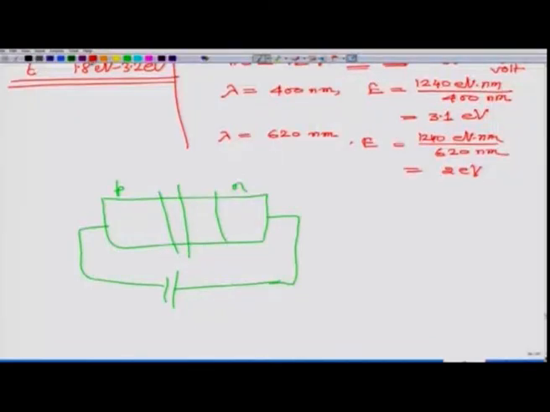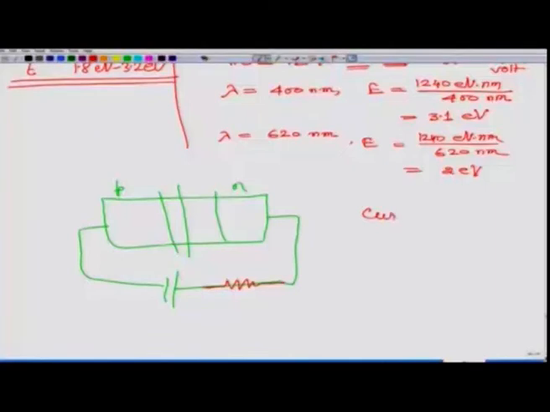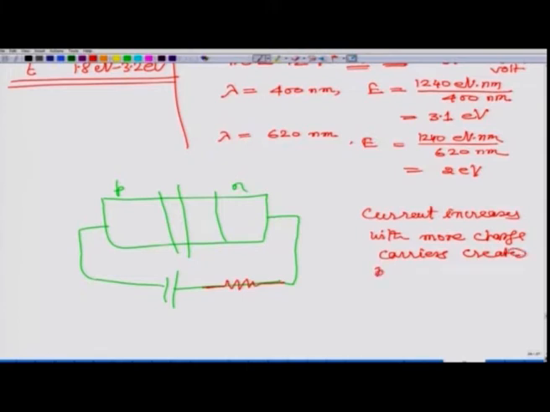You can put some resistor in between so that you do not pass very high current. It is always advisable to play safe, to limit the current, because if you pass too much current, your pn junction gets destroyed. So, the current increases with more charge carriers created by the light falling on the junction.